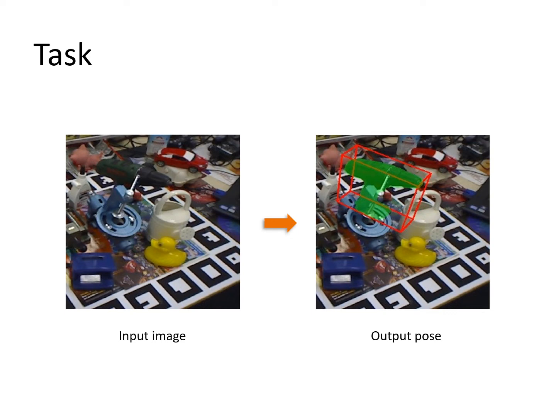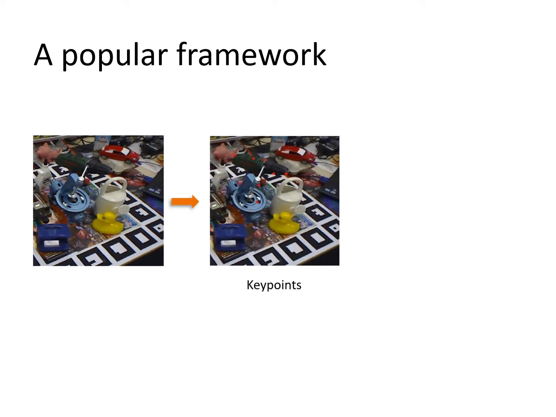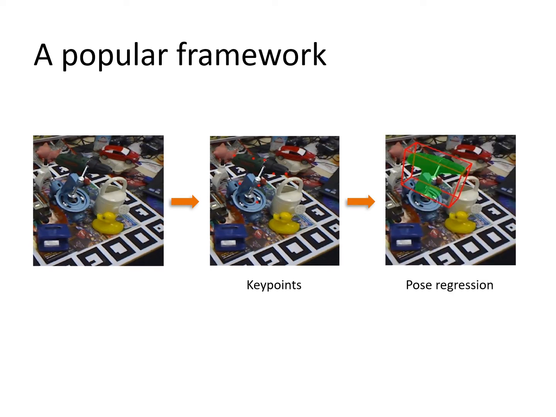This problem has been studied extensively in the literature. There are many possible solutions. A popular pipeline is to first predict intermediate representations such as key points, from which we then regress object poses.